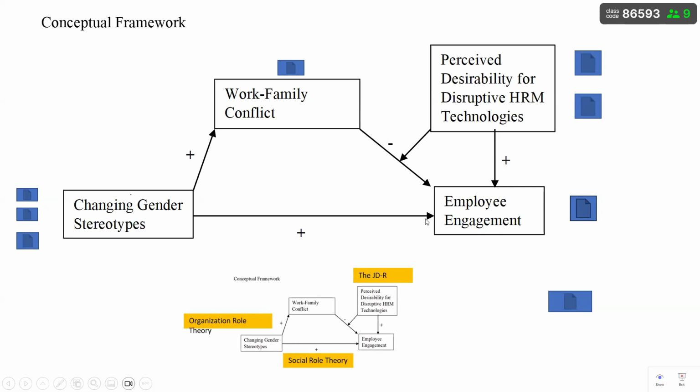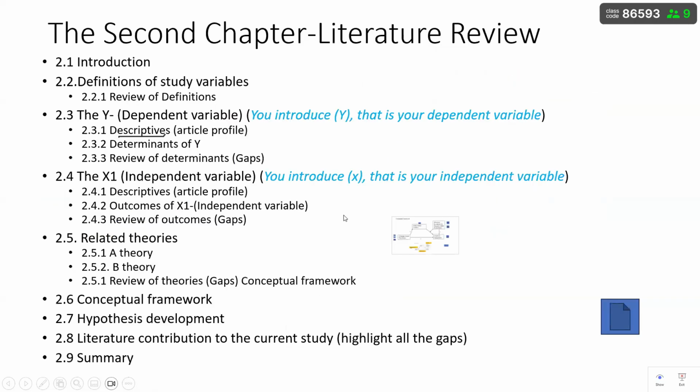Theoretically, this is suggested. This is a conceptual framework, something like an idea or opinion backed by theoretical underpinnings, right? So this is proposed, and it has not been tested anywhere else. That was again identified through the literature review.